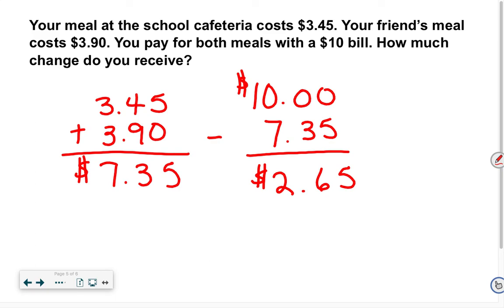If I knew that the bill was $7.35, could I count it from the drawer back to $10 if somebody paid me $10? Yeah. Sure. I'd look at this and I'd say, well, 35 cents. If I added another 10 cents, it'd be 45 cents. Do you agree? So I could add a dime.